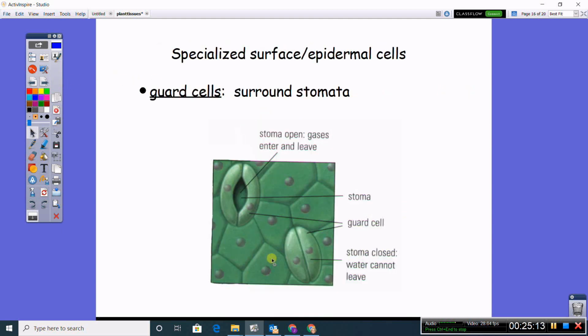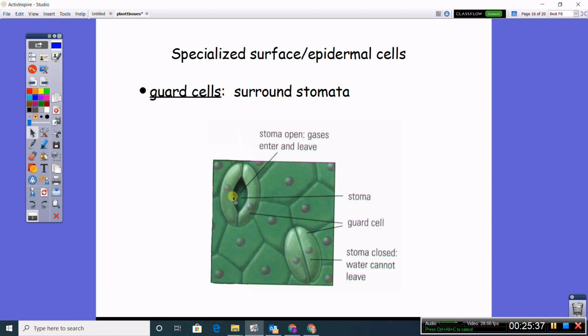The third type of modified epidermal cell is a guard cell. Okay, and the guard cells surround the stomata. So the stoma, that is one hole, one opening. Stomata is plural. Unless I got that backwards, but I don't think I did. The guard cells guard that opening.